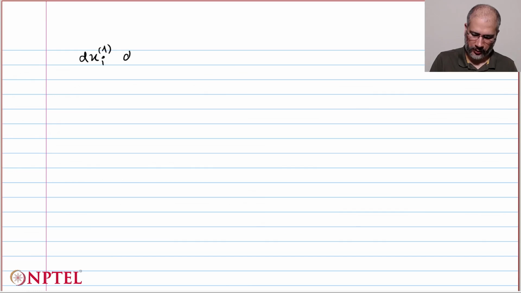So we write using the indicial notation. So this can be written in terms of the deformation gradient tensor F. So this becomes F_iA d capital X1_A, and then the other dx_i becomes F_iB d capital X2_B.